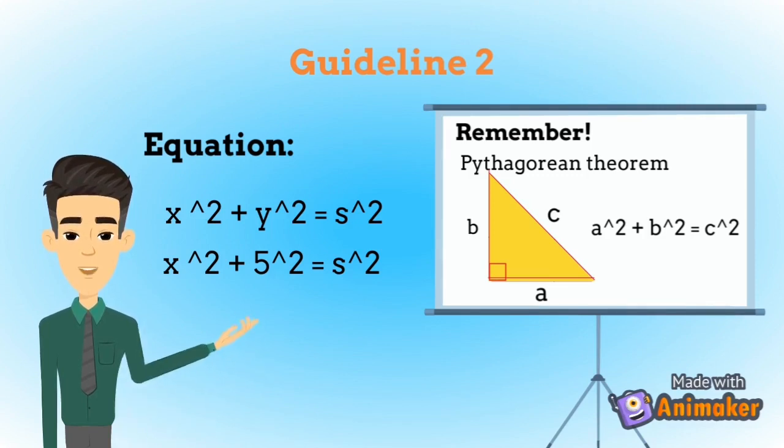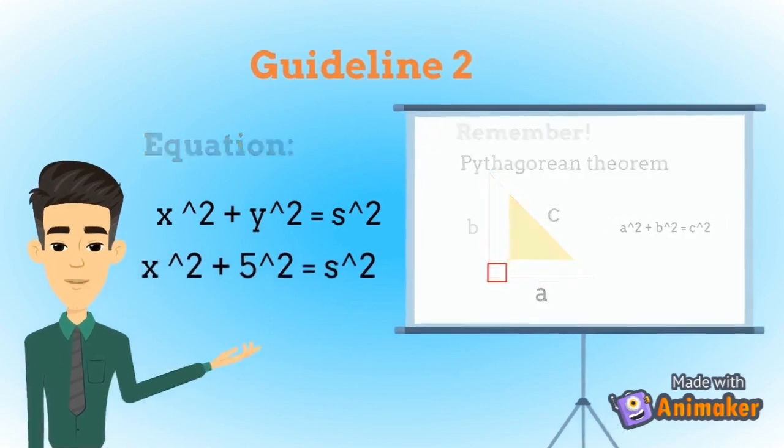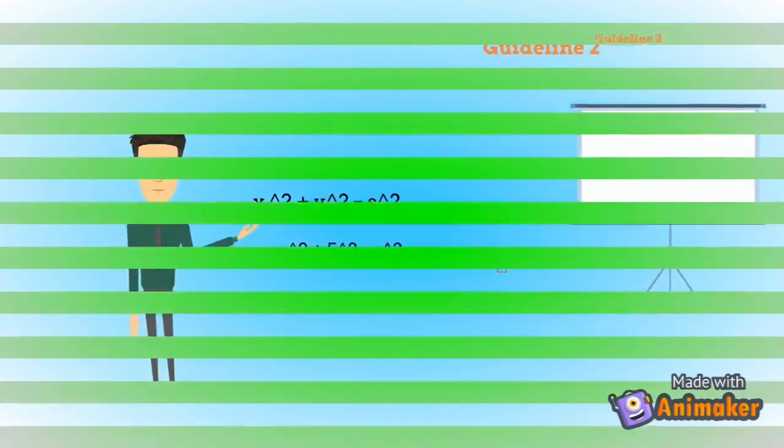Meanwhile, the value or quantity of dy over dt is not given for us, so we can write the equation like x squared plus 5 squared equals s squared.